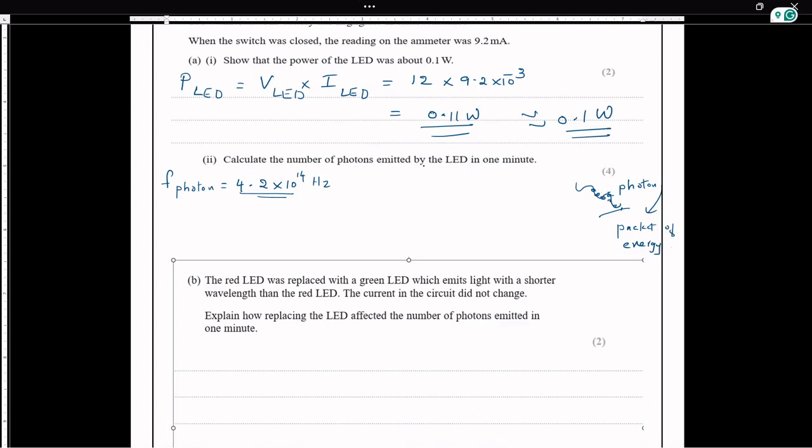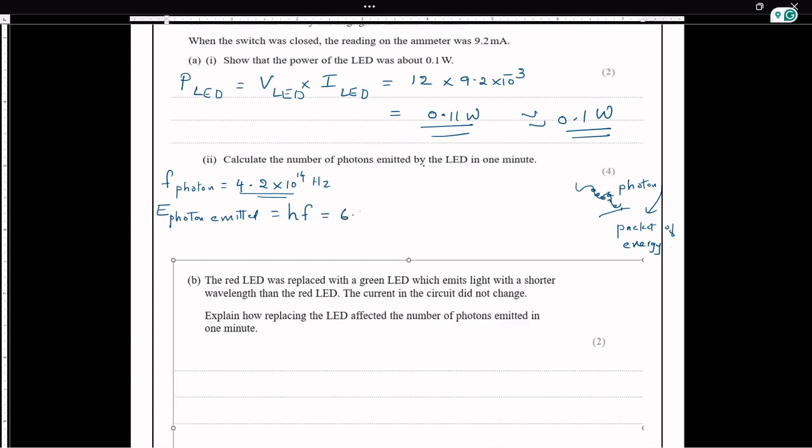So for the light emitted by the LED, we can calculate this photon energy. For that, I know the frequency of the photon emitted. From this, we can calculate the energy of the photon emitted, which is Planck's constant times the frequency.